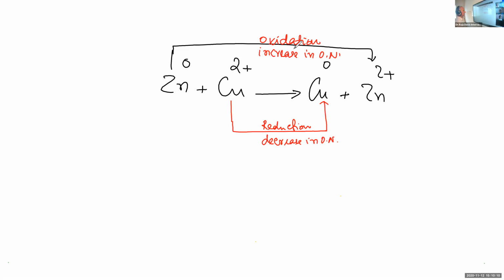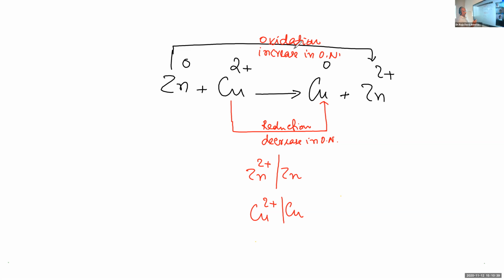Now, here there is a system consisting of Zn plus 2, the oxidized form, and Zn, that is the reduced form. Similarly, Cu plus 2, the oxidized form, and Cu, that is the reduced form.